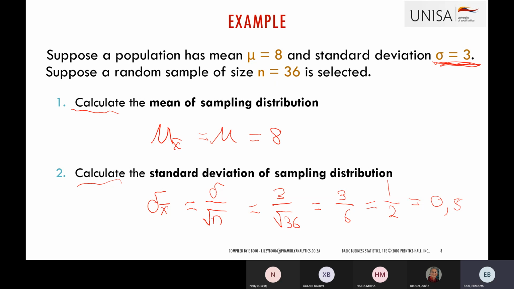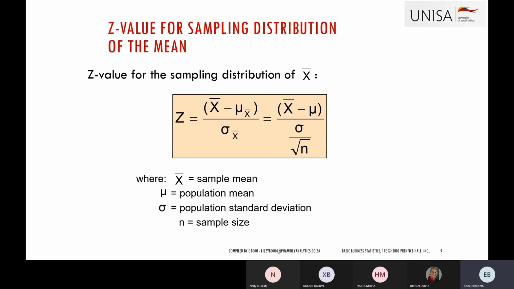Since we're dealing with sampling distribution, I also want to show you how to answer the questions in terms of the z-score, like we learned when we did the normal probability as well. With sampling distribution, you also have the z-score.